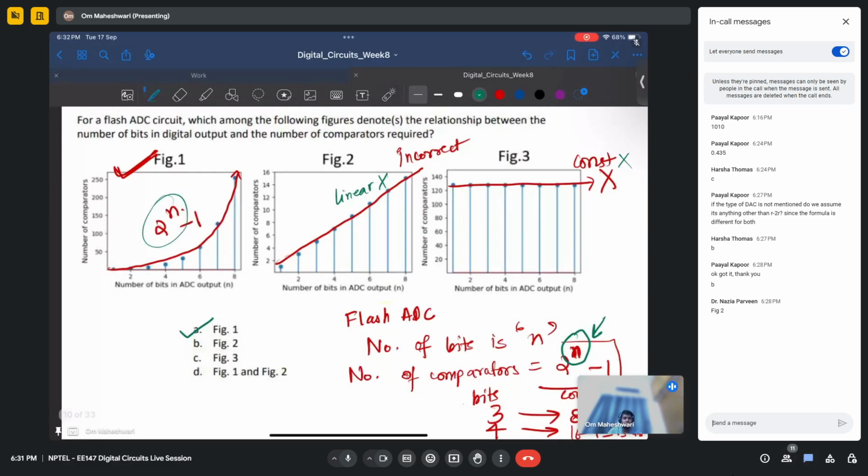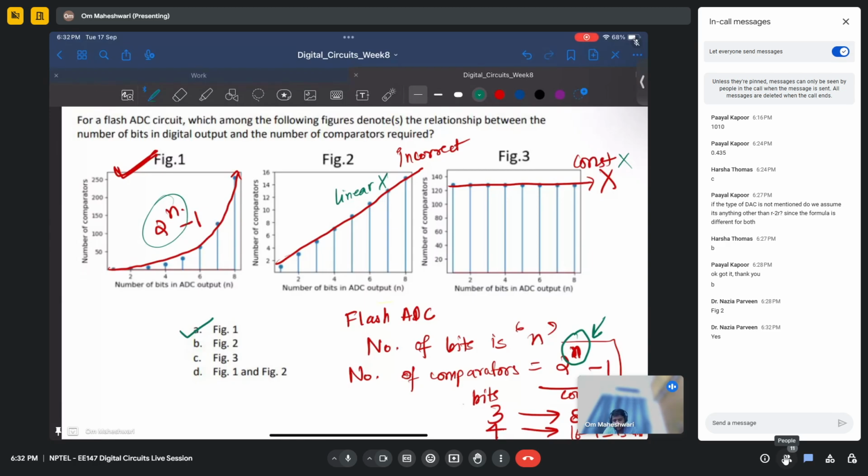Is this clear to all? You can also check these values.